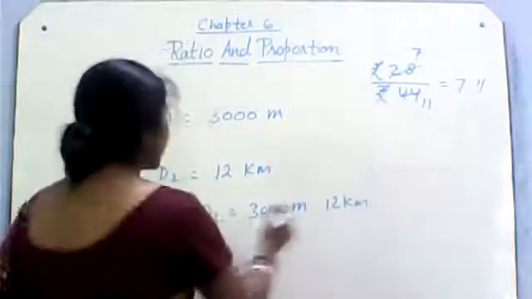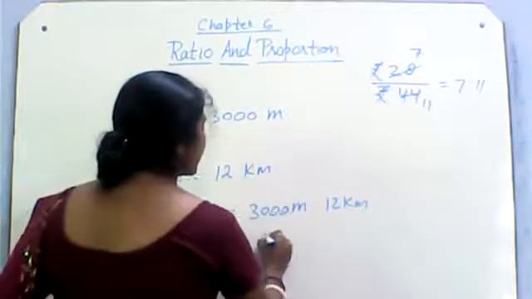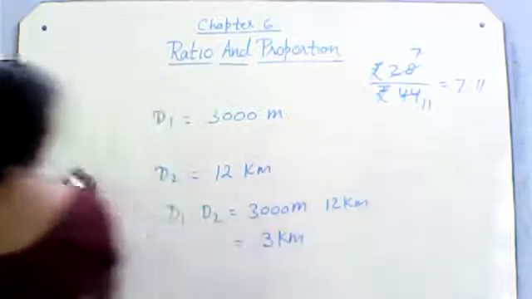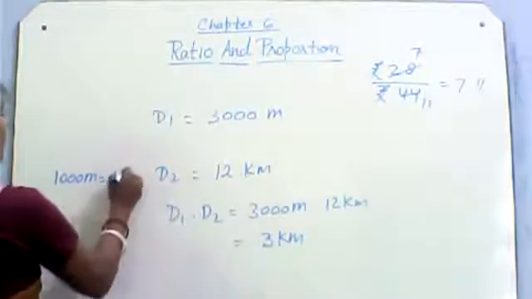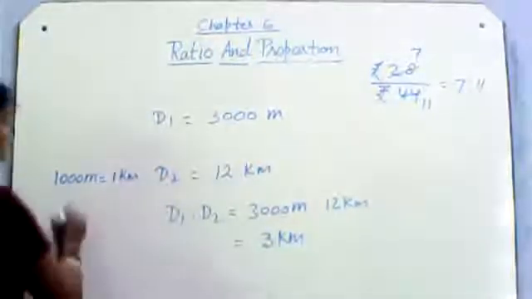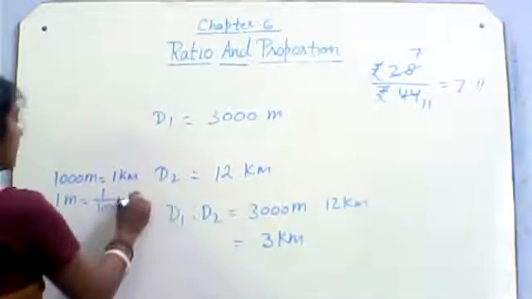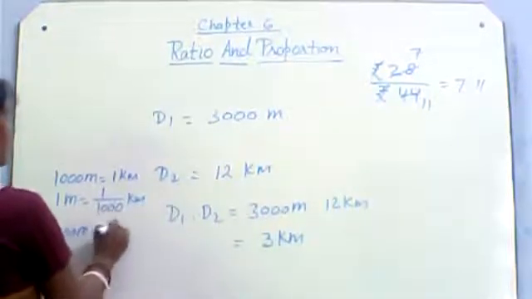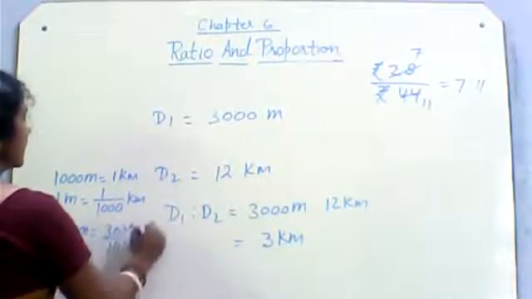Okay, in same system, that is 3000 meter equal to 3 kilometer. Do you know that? Why? That 1000 meter equal to 1 kilometer. So 1 meter equal to 1 upon 1000 kilometer. So 3000 meter equal to 3000 divided by 1000 kilometer.